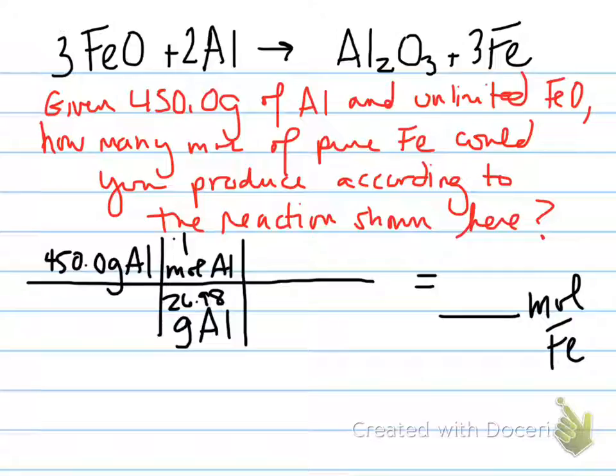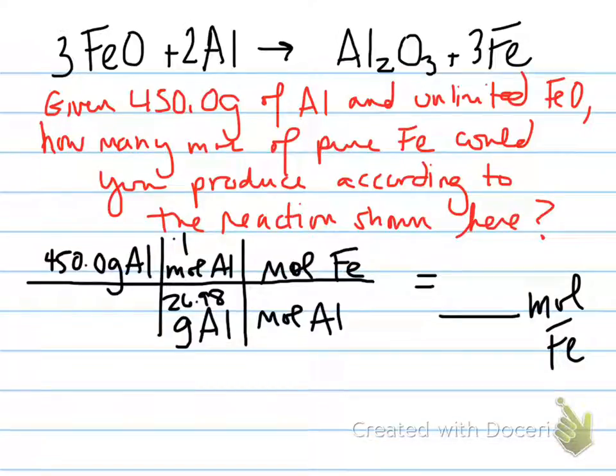Okay. So now what units, what chemical go in the next space? Moles of aluminum. And the final units and chemical on the top in the final space will be moles of iron, just what we want to end up in.